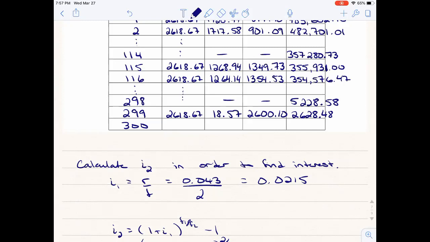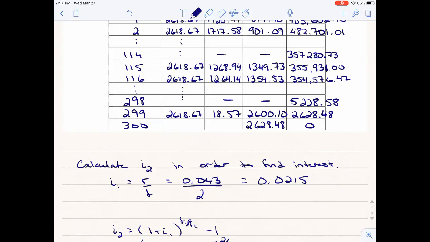The last row is going to be different, right? Because we have to force the balance to be 0. And we also have to pay off the 2,628.48 as our principal. So we have to force that in here, 2,628.48. And we also have to pay interest on that, right?